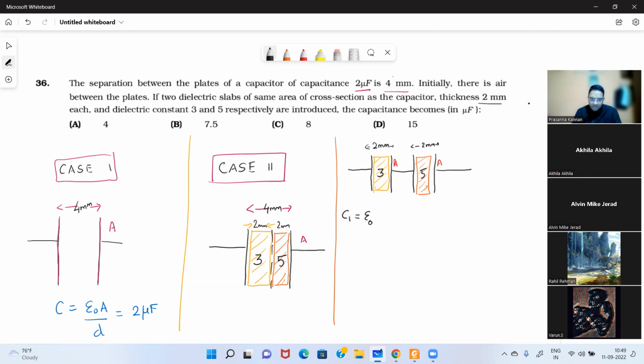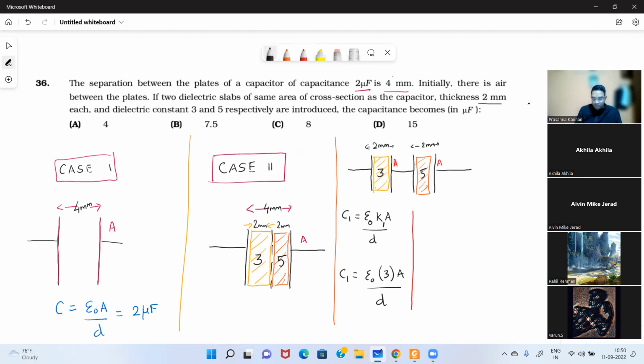Epsilon naught K into A divided by D. Excellent. So let me call it K1. So what will be your C1? Epsilon naught into K1, which is 3, into A by D. Correct.